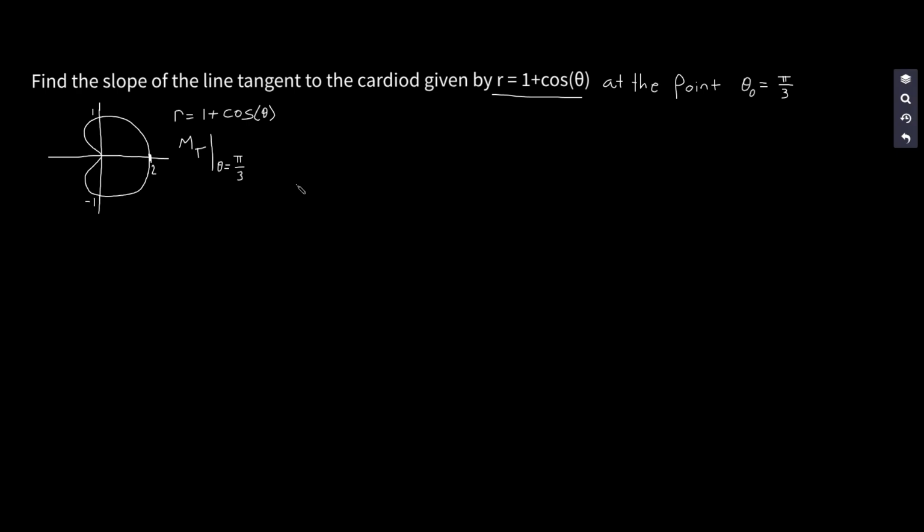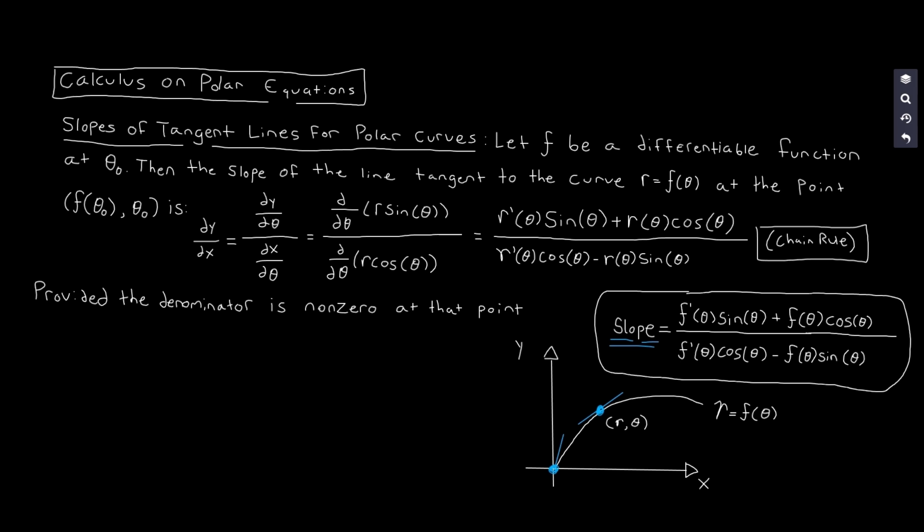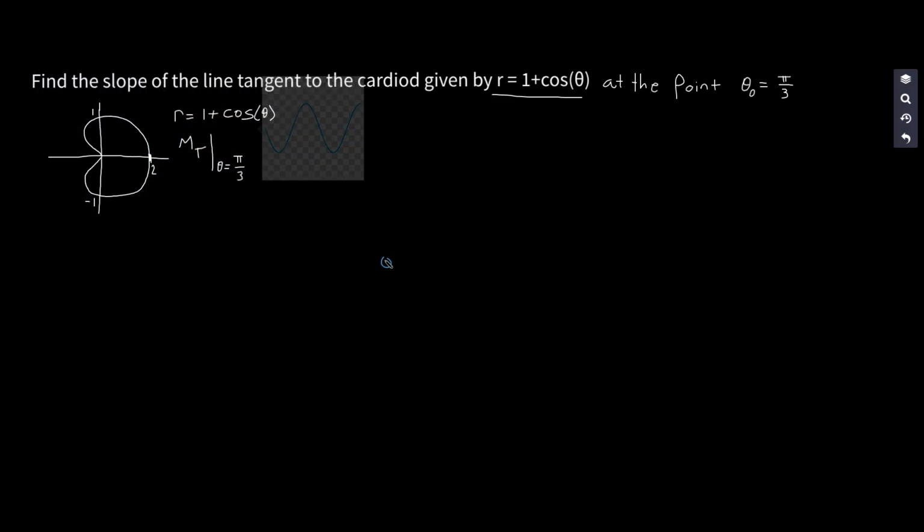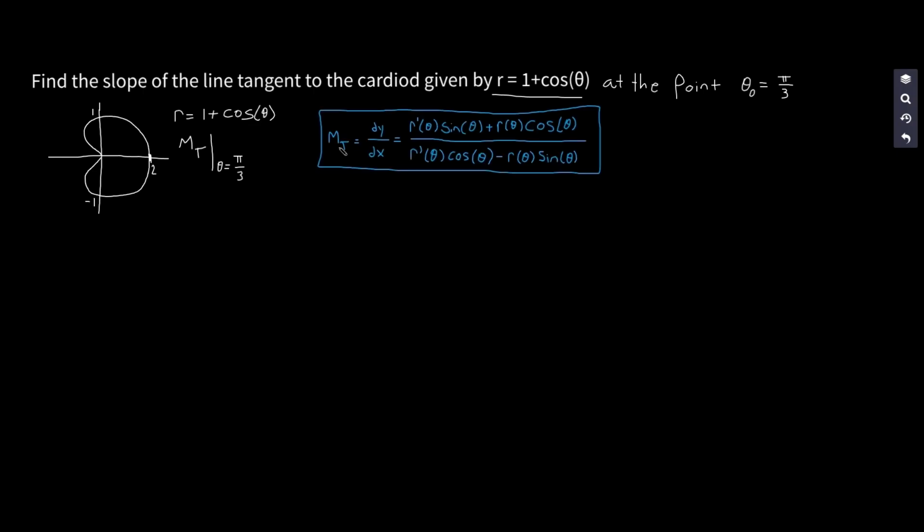All right. Now, I'm just going to click back to this. We have here the formula for finding our slope. So we'll grab this blue, and I'm just going to write it out. This is how we can find our line tangent to the cardioid for this polar equation.